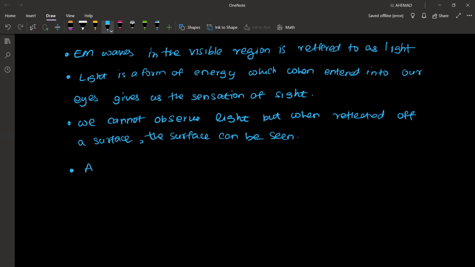Next point, quantum of electromagnetic energy. Electromagnetic wave energy is a photon.